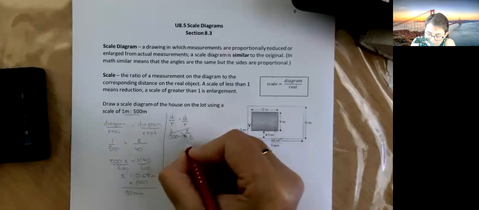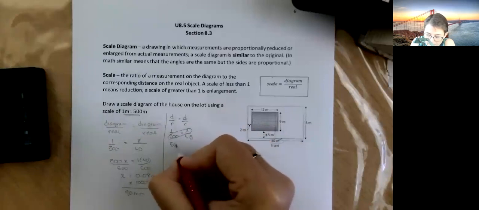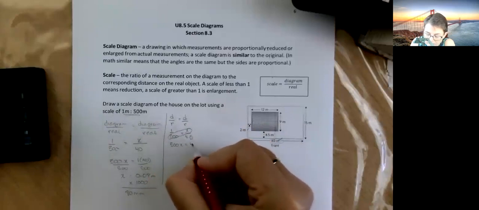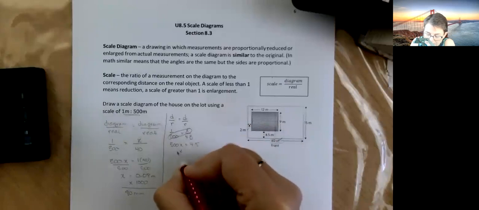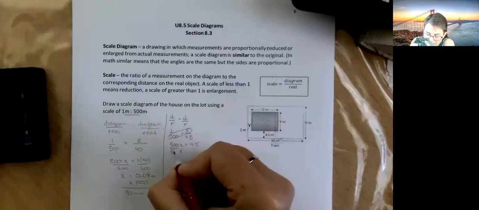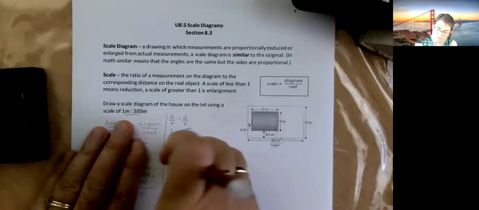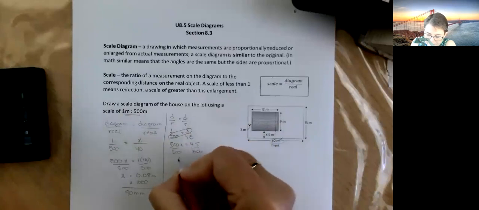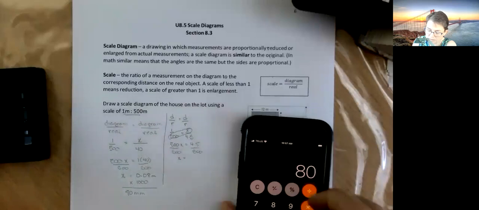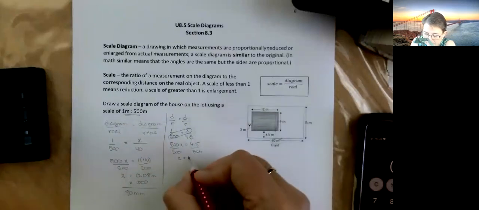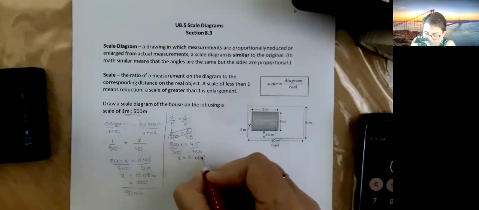So 500x is equal to 4.5, so x is equal to 4.5 divided by 500, which is 0.009.